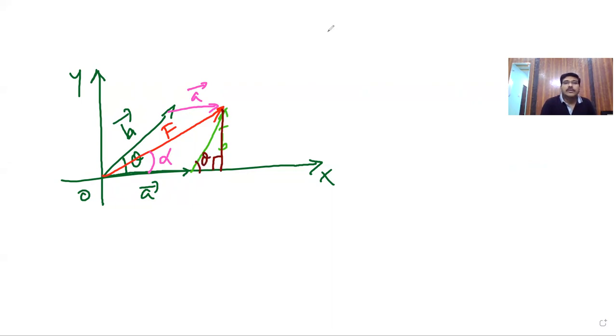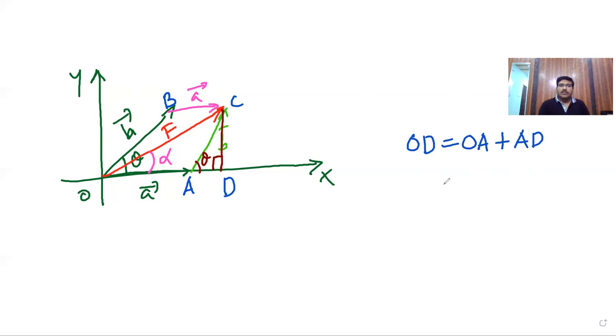Now, I am giving the notations O, A, B, C, D. Now, I said that OD is OA plus AD. OA is what? OA is a.